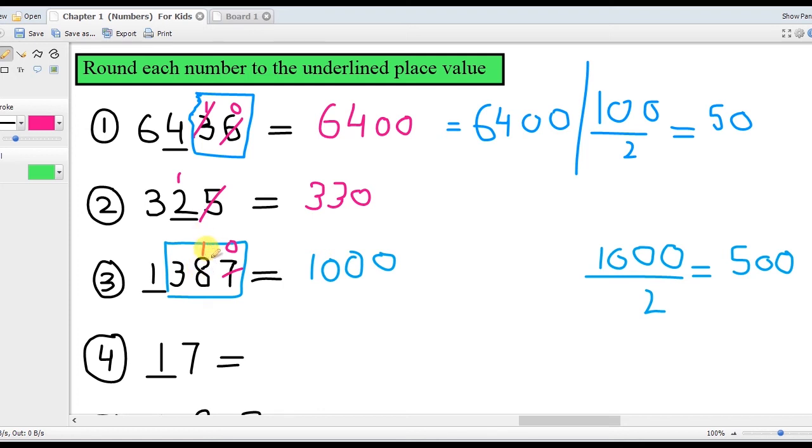So 9 is bigger than 5, cancel, add 1 in the previous digit. This will become 0. So now this will become 4, right? Now 4 is less than 5. So we simply cut it down, put 0, and there is no adding in the previous digit. Why? Because 4 is less than 5. So in both, whichever method you use, you will get the same result. So your answer is 1000.